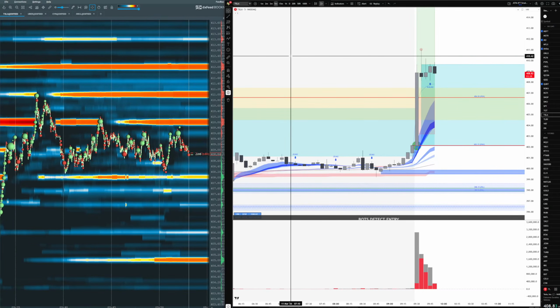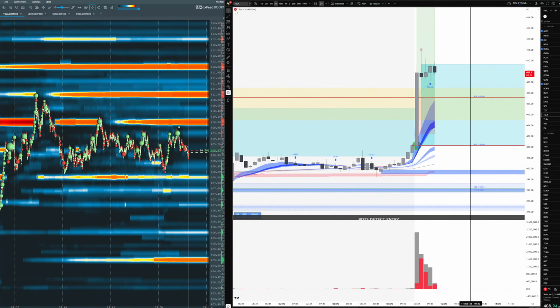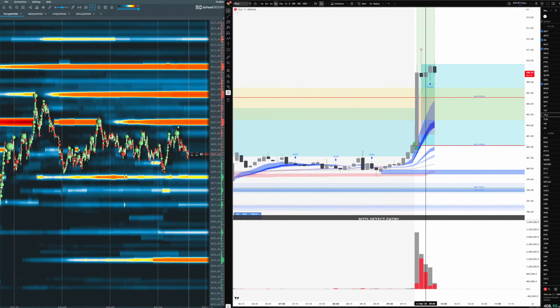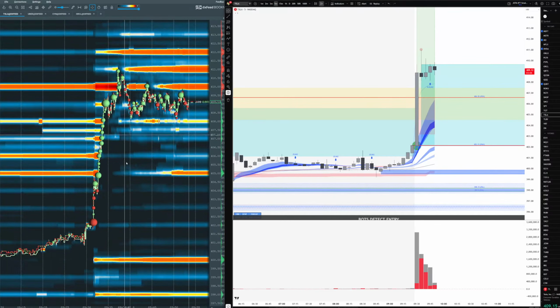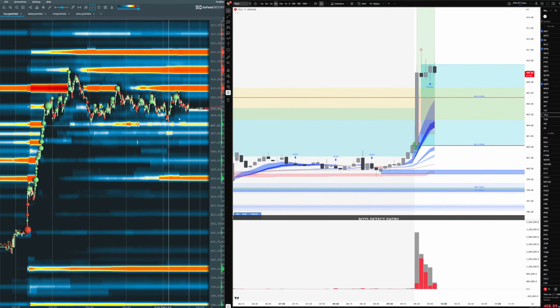Fantastic long play on this one. So the majority of the dots over here are still green.